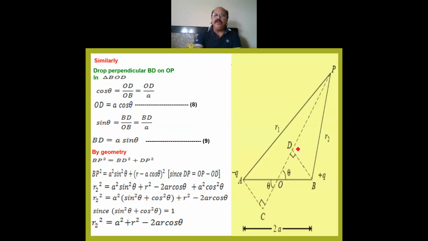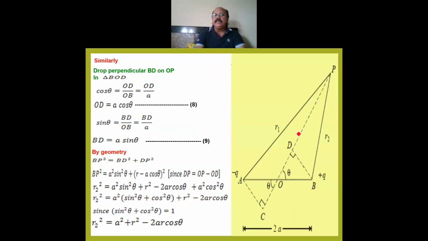And in the same way as you have done earlier, we find out the value of cos theta, sin theta, then apply the geometry, then find out R2, then 1 upon R2. Let us see. So we take the triangle BOD. Earlier we have taken AOC, now BOD.